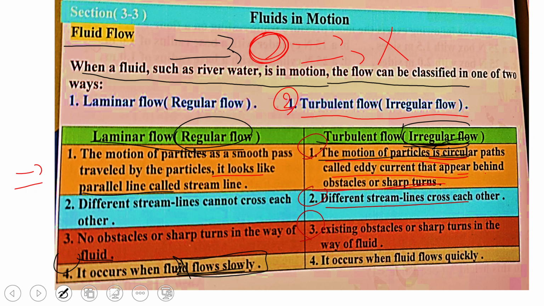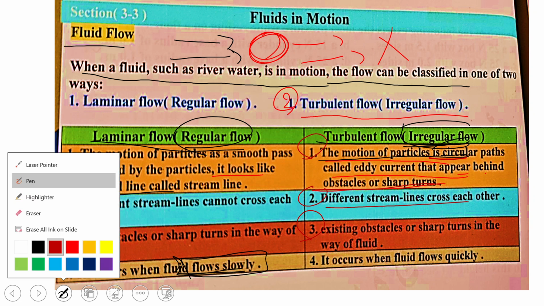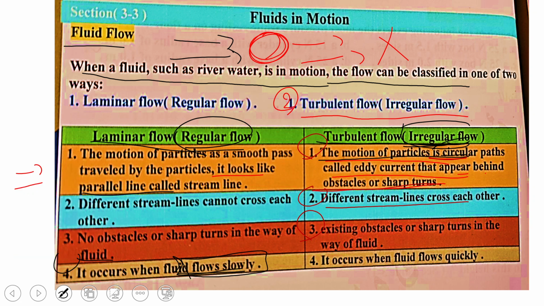Rule number 3, existing obstacle: something you are throwing comes straight on the way, an object or sharp strand in the way. The last property: it occurs when the fluid flows quickly.